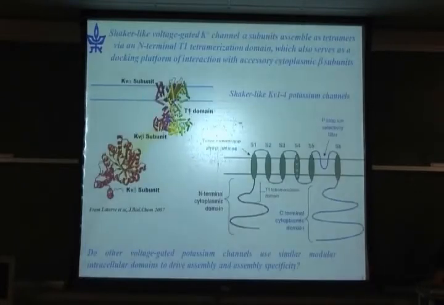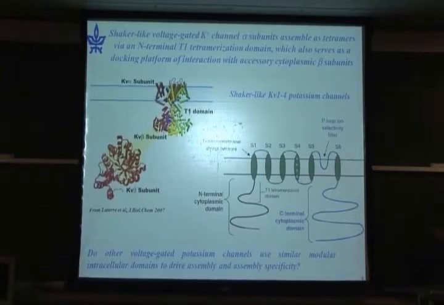For example, Shaker-like voltage-gated potassium channels assemble as tetramers. So the alpha subunits assemble as tetramers via the N-terminal T1 tetramerization domain, which also serves as a docking platform of interaction with the accessory cytoplasmic beta subunit. Actually, the T1 tetramerization domain is also very important for gating, and it is located in the N-terminus of the Shaker channel.